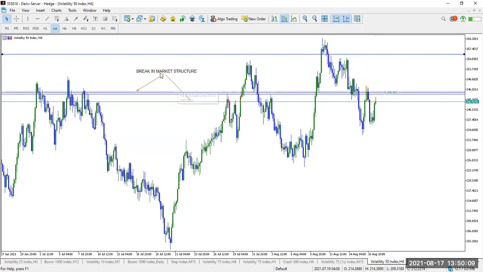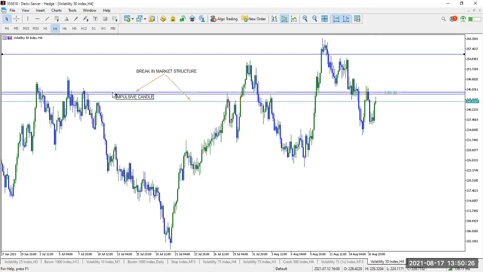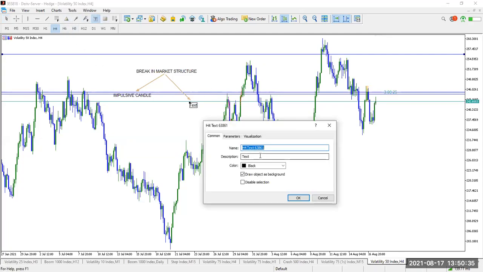Breaking market structure has to do with, number one, the impulsive candle, and number two, the retracement. An impulsive candle and a correction.